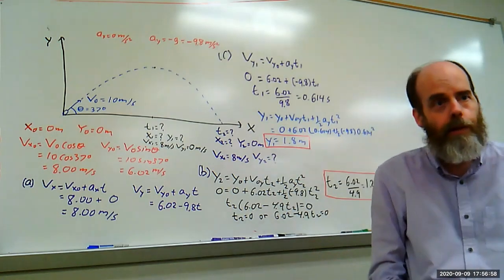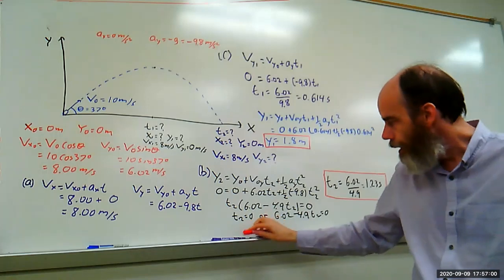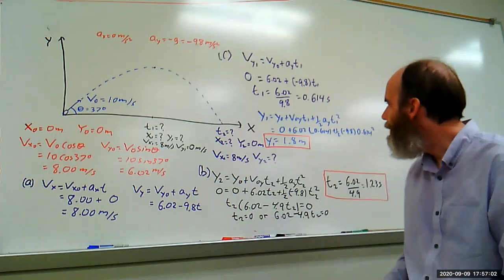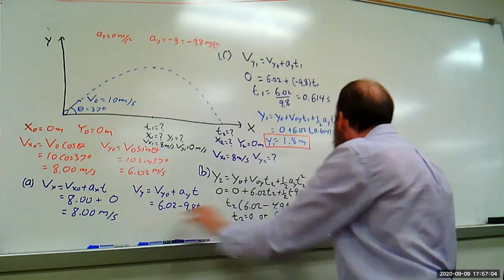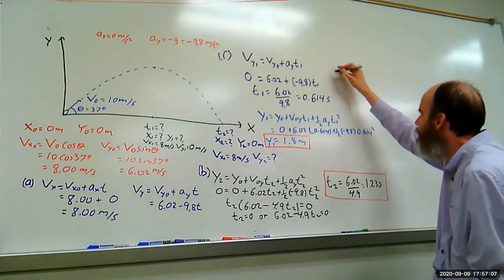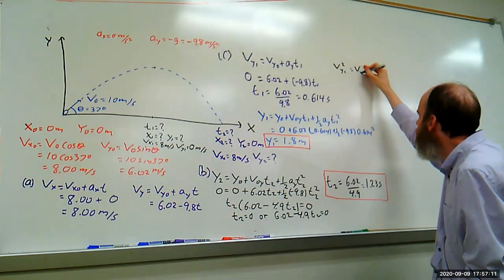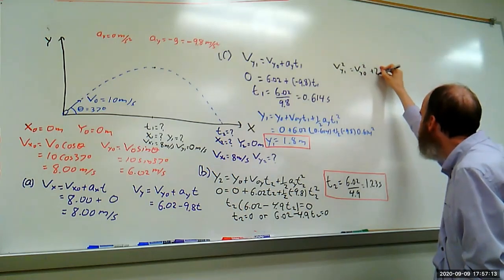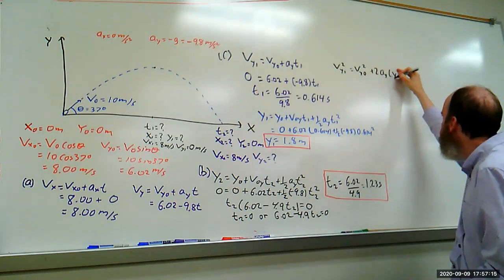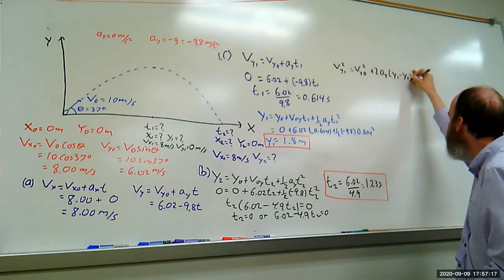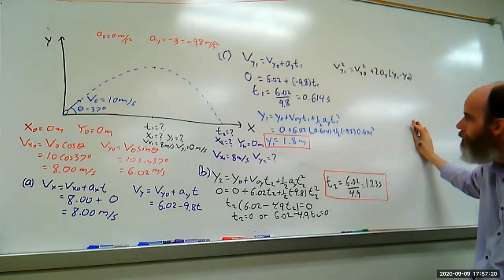There's another way we can do this. We can use the equation that doesn't contain time. Let's do it over here. We would have Vy1 squared equals Vy0 squared plus 2Ay times Y1 minus Y0. We put in our numbers.